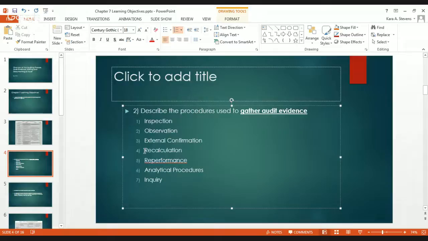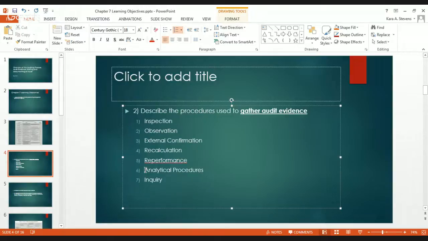You would do a recalculation of work. Perhaps you get a big inventory listing. You have to go through and actually recalculate the extensions to make sure that there's not an error within the report that you're obtaining, reperforming the work, maybe going through and literally reperforming a reconciliation or something of the sort. And number 6, the analytical procedures are what you're doing in your case study.